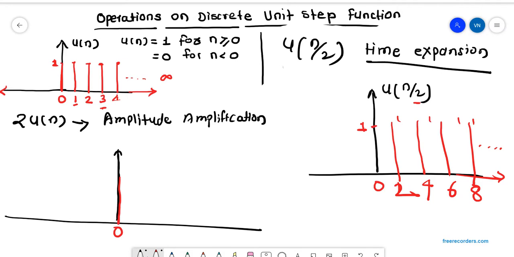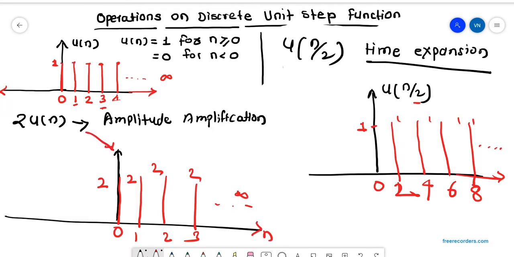So whatever the amplitude for 0, now that amplitude will be 2. Whatever the amplitude for 1, now that amplitude is again 2, because 1 into 2 is 2. So for each and every time period you will get an amplitude of 2 up to infinity. Because it is 2 into u of n, we have to multiply each and every amplitude with 2. So basically it's called amplification, because your amplitude is increasing with the multiplication of 2.